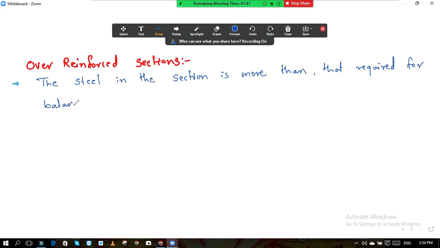So the requirement of steel is more in over reinforced section.